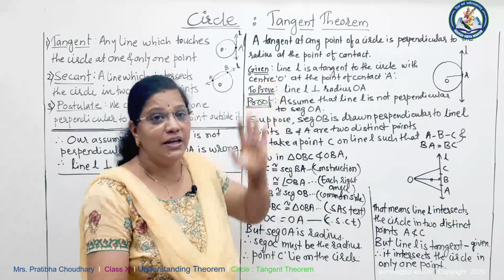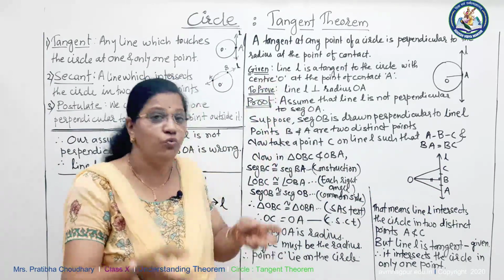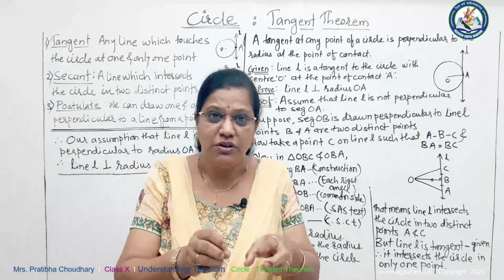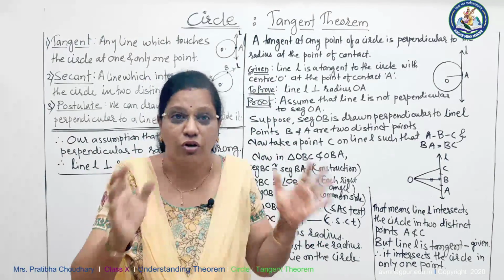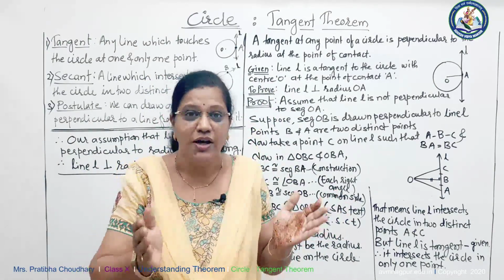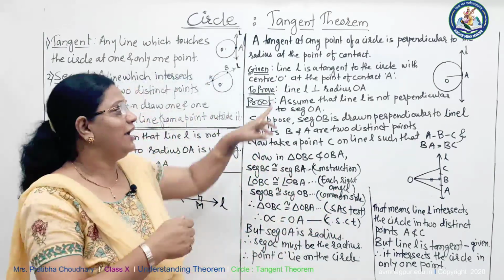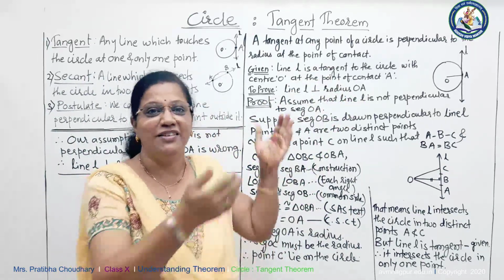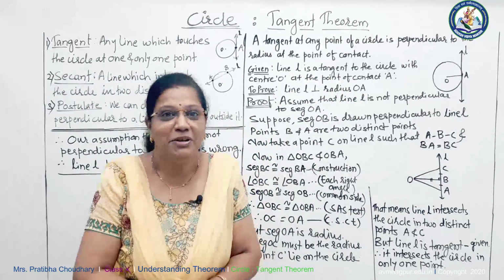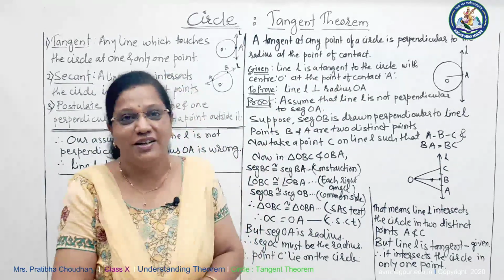And the given thing is that line L is a tangent. That means whatever we assumed, that line L is not perpendicular to radius OA, is wrong. Our assumption is wrong, and therefore we can say line L is perpendicular to radius OA. And like this, using the indirect method, we reach the result.